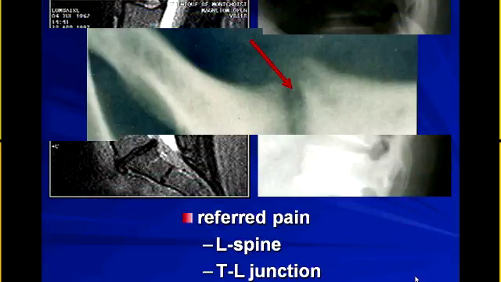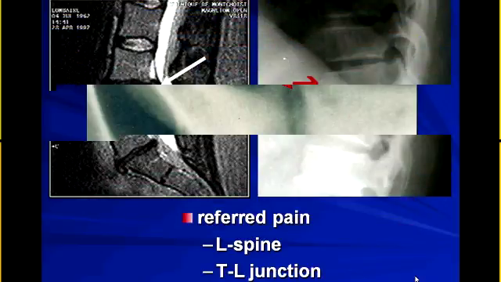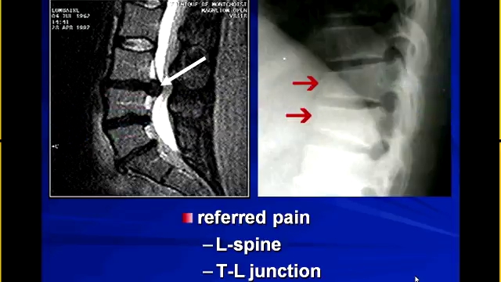Please also be very aware that it's very, very common for the lumbar spine and the thoracolumbar junction to refer pain to the anterior hip. So again, looking at what causes in the lumbar spine could do that, anything that affects those nerve roots can certainly cause pain there. But again, the pain is going to be related to back movements, not hip movements.